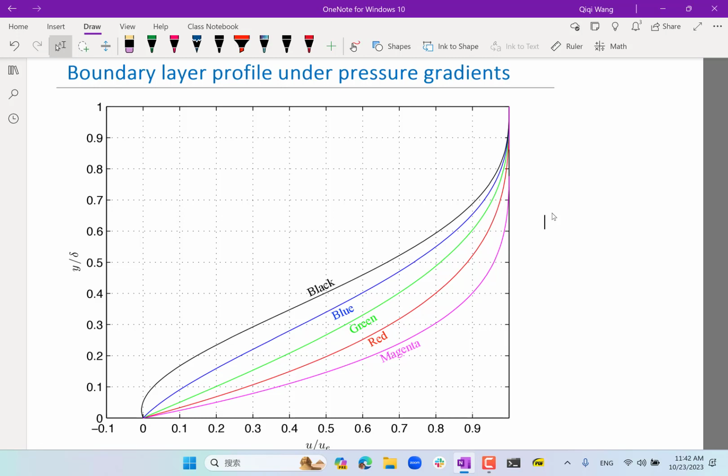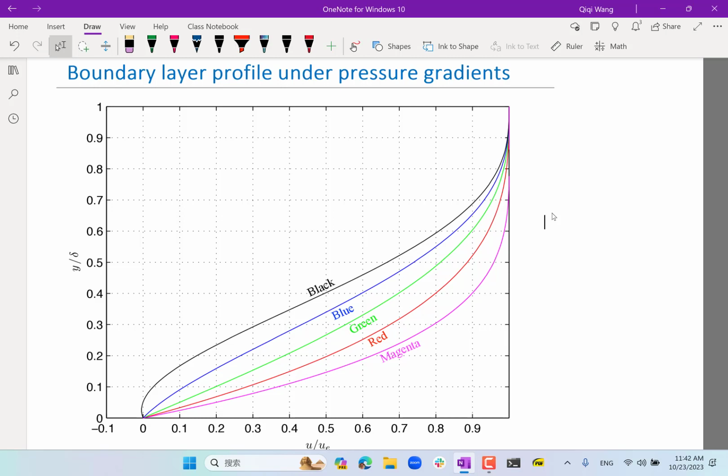Anybody want to take a guess? Yeah? I would guess the magenta is favorable and the black is not favorable. Yes. So in this case, one way to look at it is to look at the curvature of the velocity at the wall.